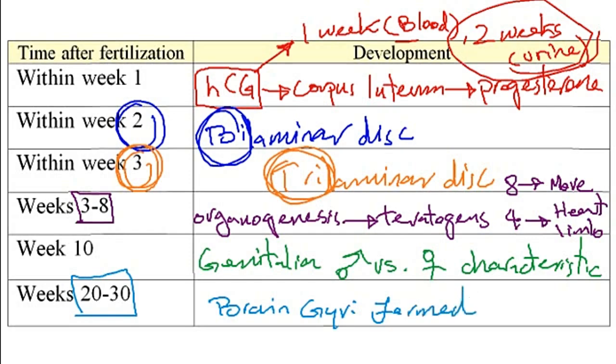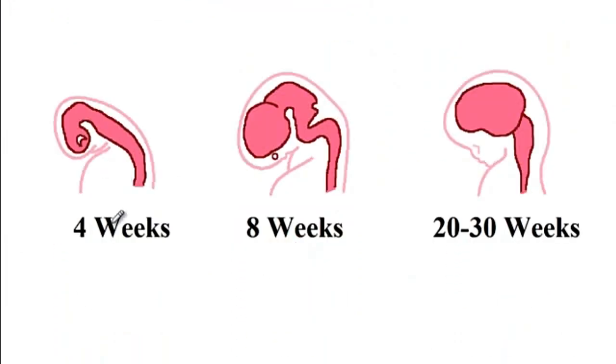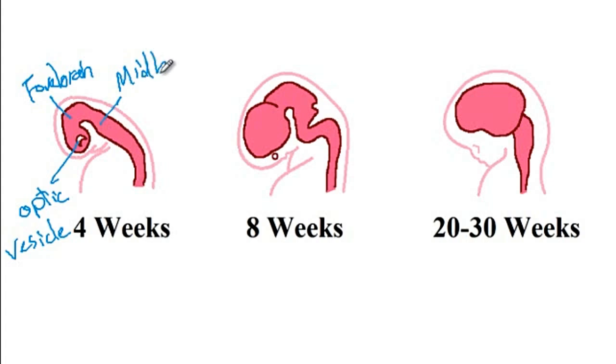So if you look at the embryo at around 4 weeks, there is a very primitive central nervous system. So here we have the optic vesicle, which will develop into the eye. We have the forebrain, we have the midbrain, and then we have the hindbrain.